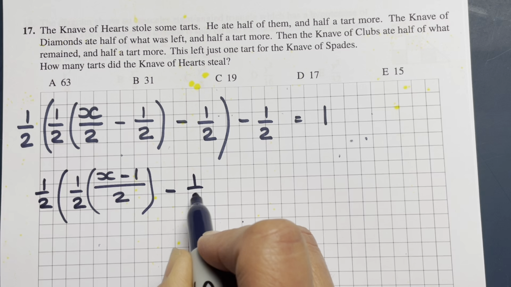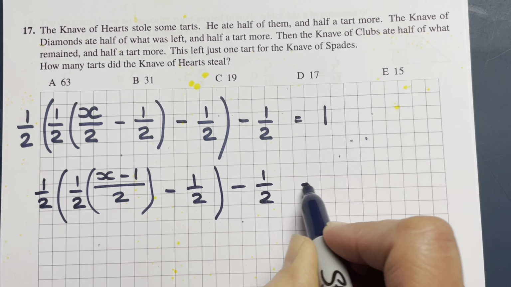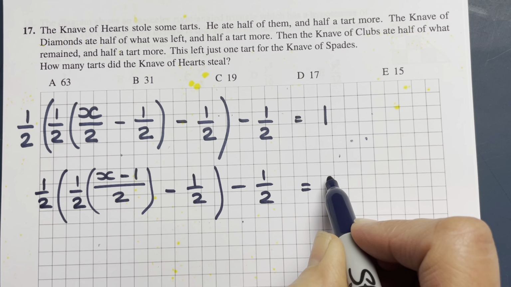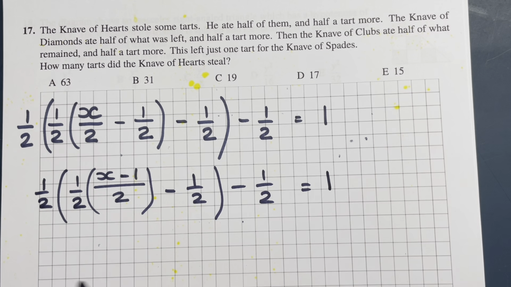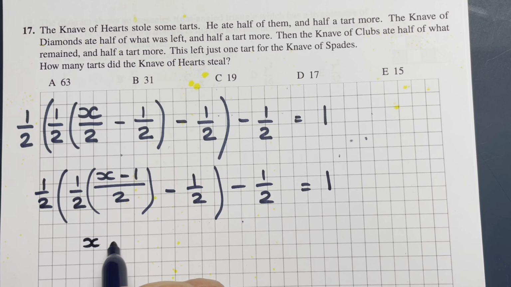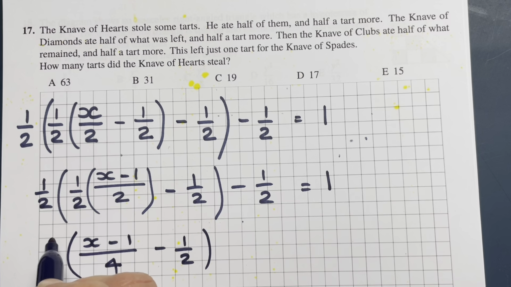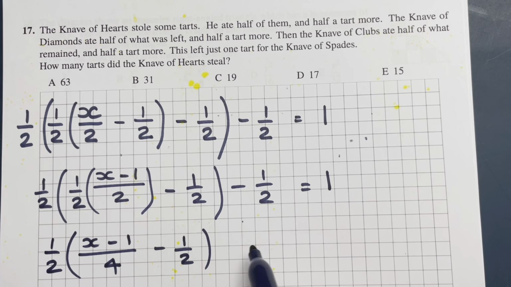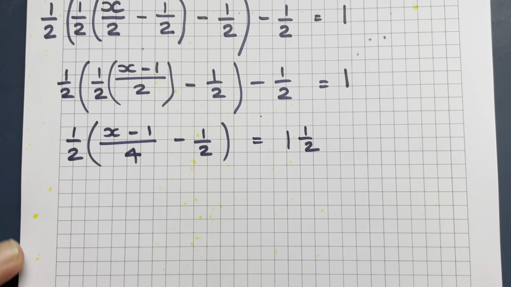And then we're subtracting our half, and then we're subtracting half again. And that's going to give us 1. Okay, so half of x subtract 1/2 is going to be x/2 subtract 1/4. And then we're subtracting another half, and then we're taking a half of it. And then there's no reason why we can't add that on there to make that 1.5.